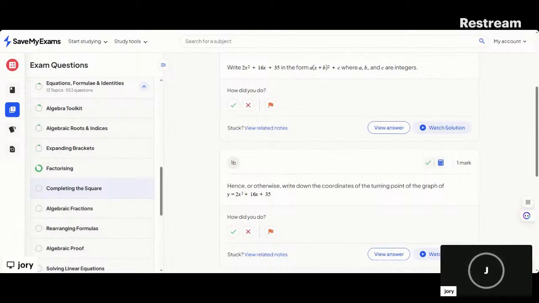Okay, and then b over 2, which is 8 over 2 squared, so 16. So it's going to be 2 times x squared plus 8x plus 16, plus 35, and then minus 16 times 2, 32. You could be like, why'd you do that? Because I added it and I changed it, so I had to bring it back.